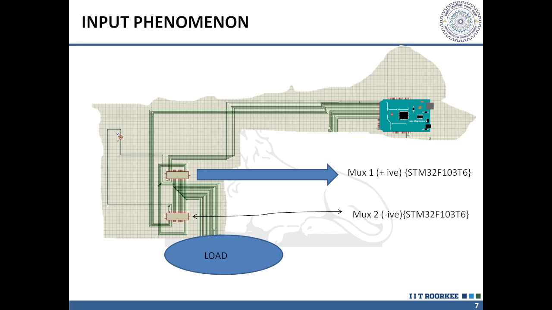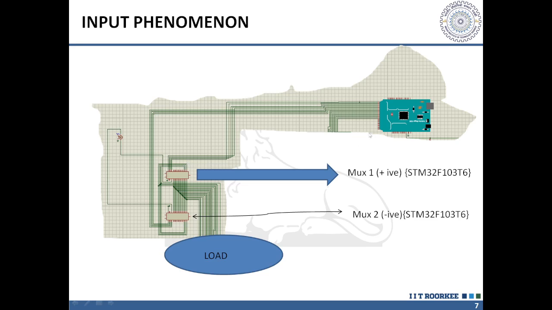Let's say I want to connect my current source between the first and second electrode. I will give a command to mux 1 from this Arduino to choose one electrode, by changing the select line value of mux 1.